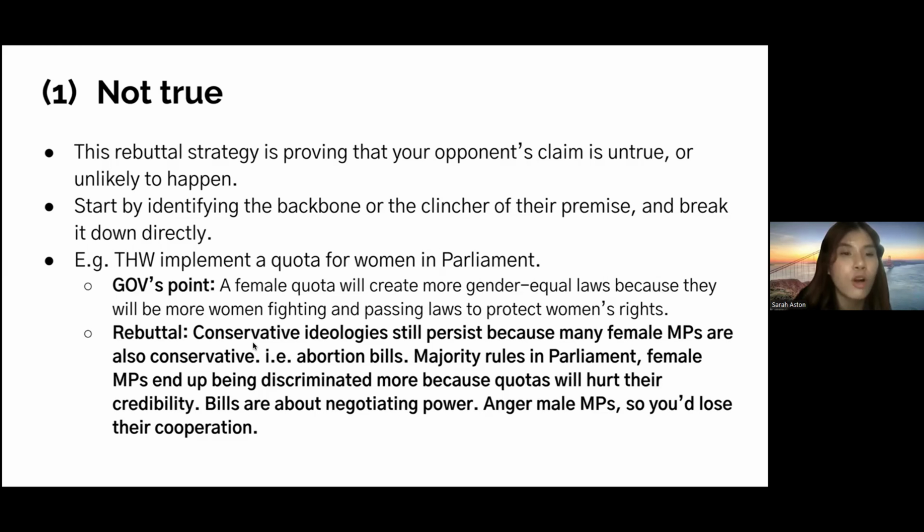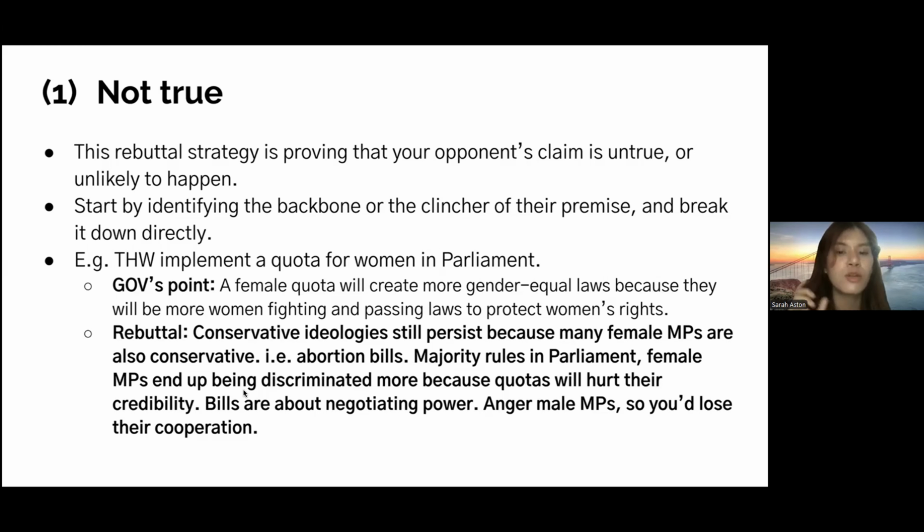That's why you talk about abortion bills, for example. The majority rules in parliament, and female MPs end up being discriminated against a lot more because quotas will hurt their credibility. And it's very intuitive: the reason why women are there isn't exactly because they are great and recognized, but rather as a tokenistic mechanism, a form of affirmative action, right?